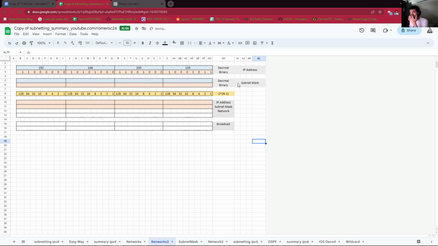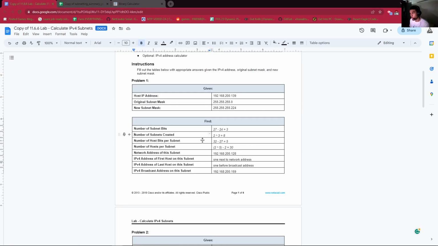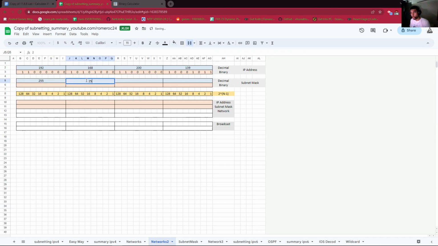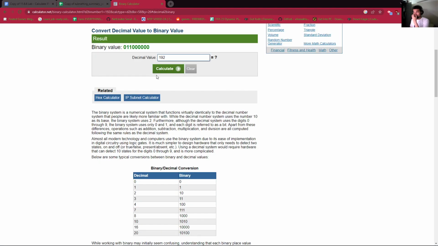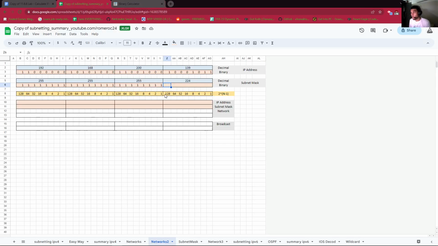The next part is we need to put in a subnet mask. For the subnet mask, we need to put the new subnet mask: 255, 255, 255, and 224. This is the easy one: you put all 1s for 255, and for the 224, 11100000.